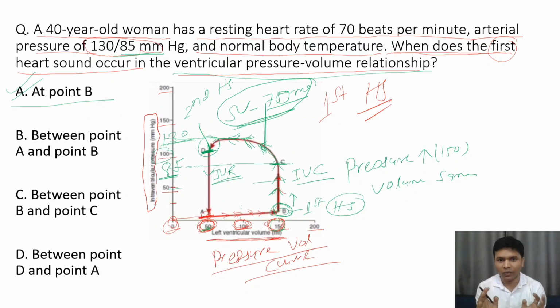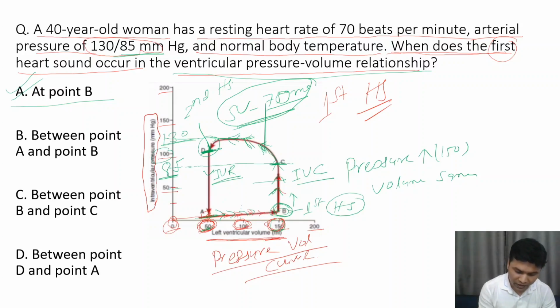Once the ventricular pressure becomes less than that of the atrial pressure, only then will the atrioventricular valve open and blood come from the atria to the ventricle, and then the volume will start increasing from 50 ml to 100 ml.